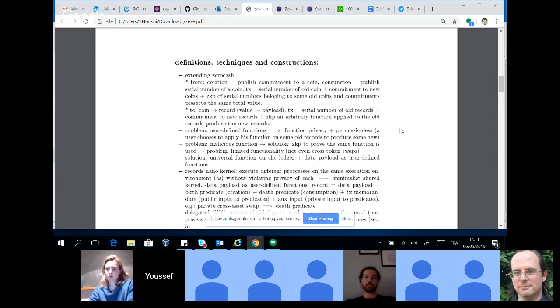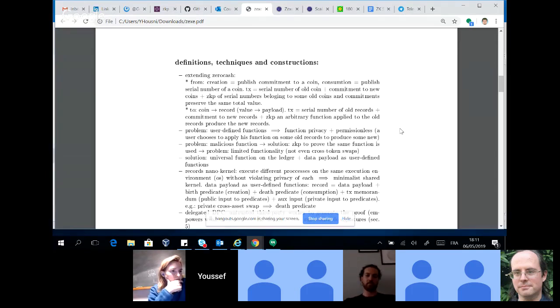So a transaction is the serial numbers of old coins, plus the commitments to new coins, plus some zero-knowledge proof that attests that the serial numbers belong to some old coins and the commitments preserve the same total value. You do this with a Merkle proof, as in Zcash, for example. The idea is that you have three parts: serial numbers of old coins, commitments to new coins, and a zero-knowledge proof that attests to the correctness of this transition.